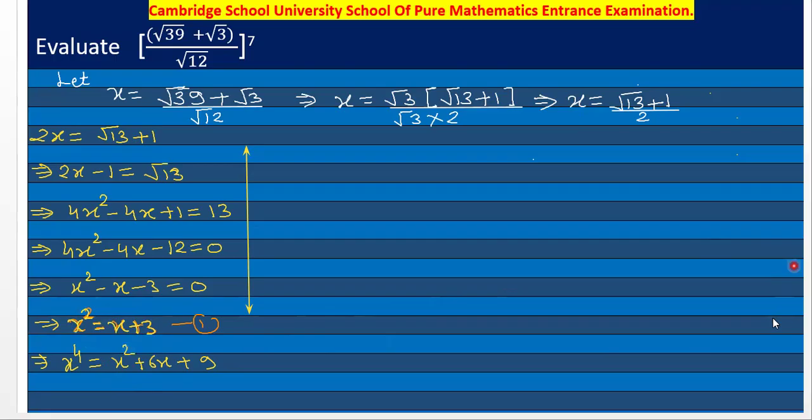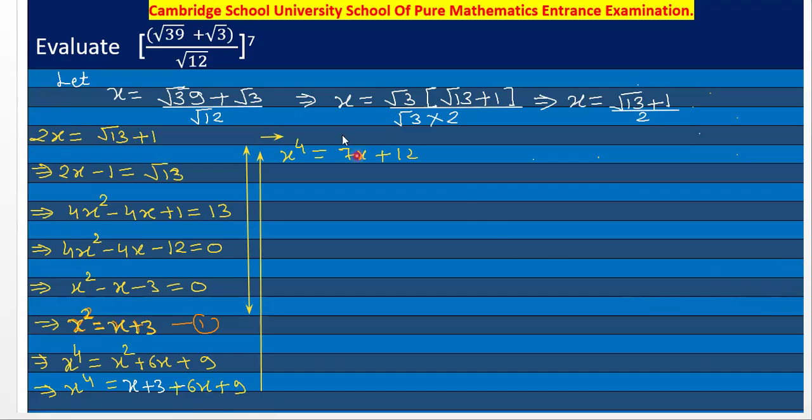So x raised to the power 4 is equal to x plus 3 in place of x square, plus 6x plus 9 as it is. Now 6x plus x is 7x, and 9 plus 3 is 12. So x power 4 is equal to 7x plus 12.